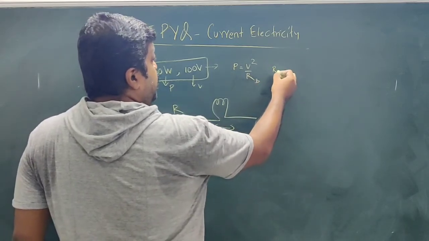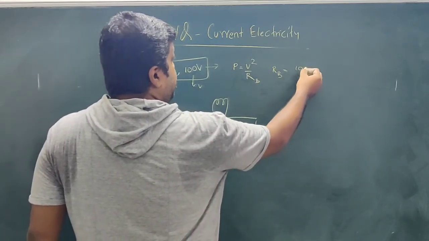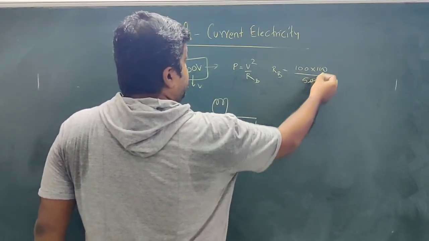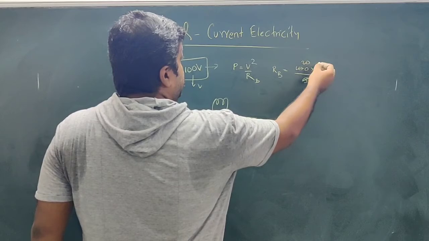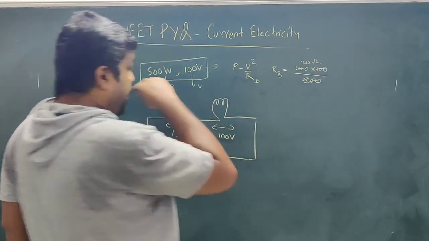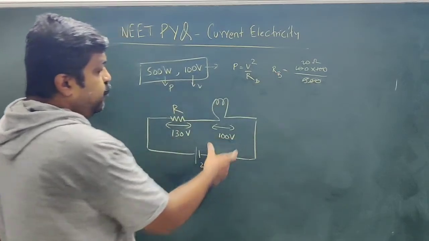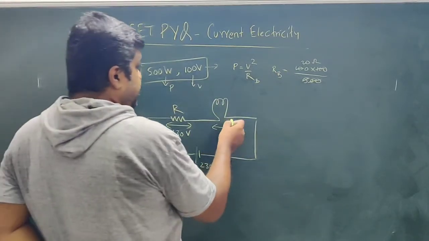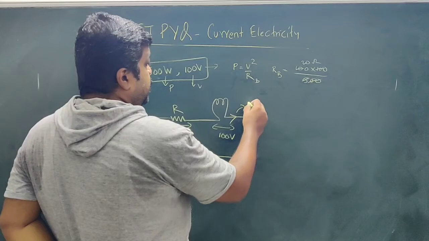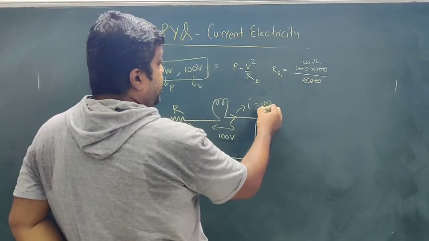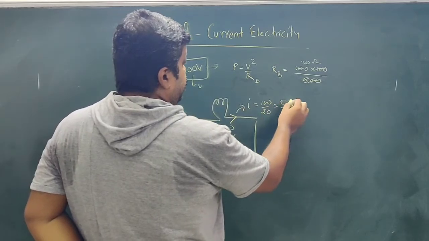So RB will be V square, that is 100 into 100 divided by 500. So this is 20 ohm. So if RB is 20 ohm and voltage is 100 volt, the current flowing through this, I, will be equal to V divided by R, so 100 divided by 20, that is equal to 5 ampere current.